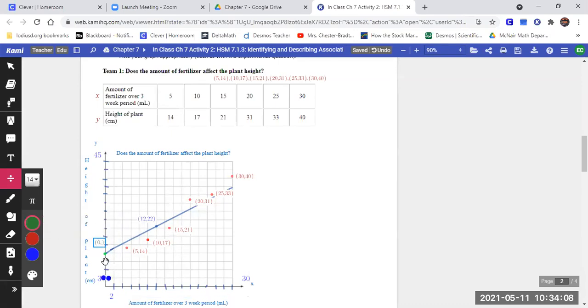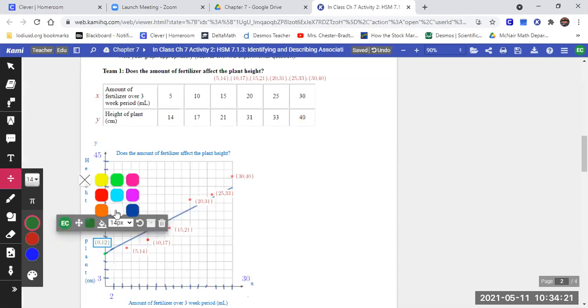How tall are we saying our plant is to start? 12 centimeters. So did we start with a seed? No. We started with a baby plant, not a seed, because we believe it starts here. So we must have had a plant to start.